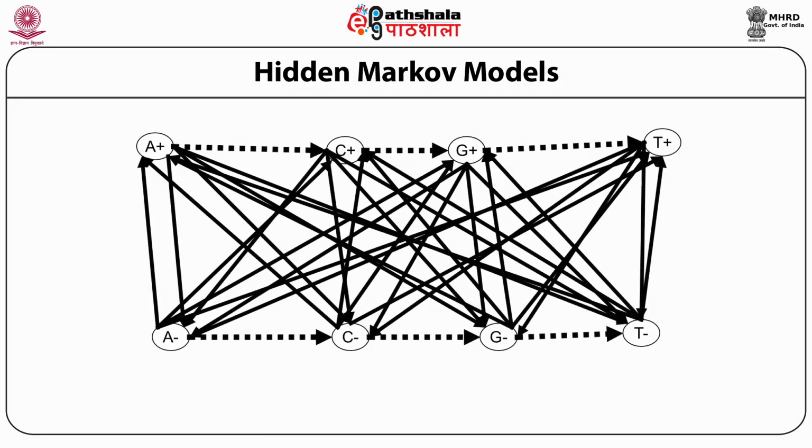So this is the overall shape of my Markov models. At the bottom I have the non-CPG islands, A minus, C minus, G minus, T minus. At the top I have A plus, C plus, G plus and T plus. I have transition probabilities for every state going to every other state.